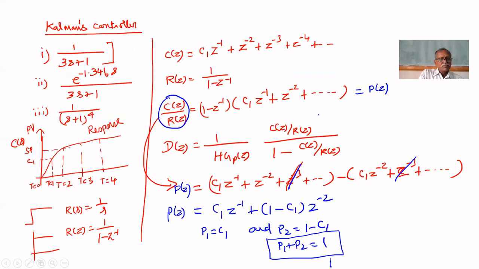If you add the coefficients of P1 and P2, you will get 1. We know that C of Z by R of Z is P of Z, so if you add the coefficients, it must be 1.